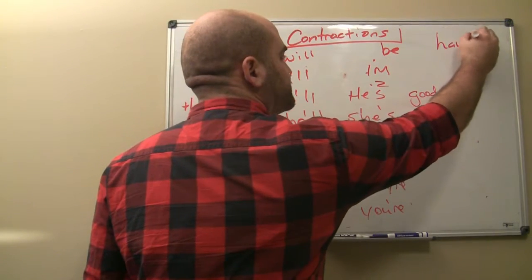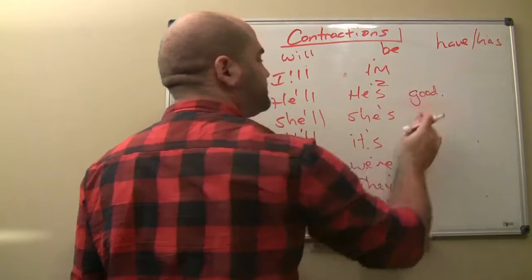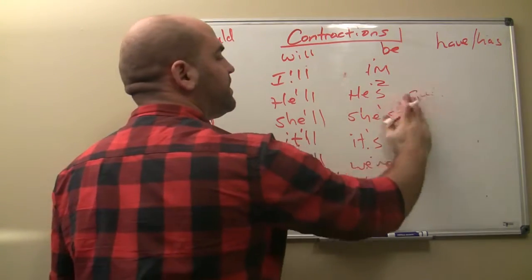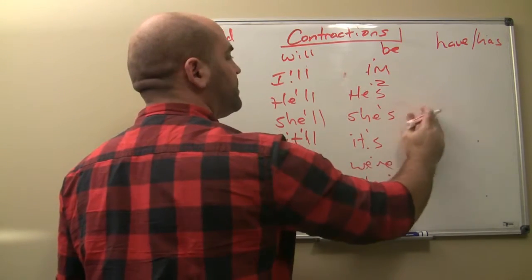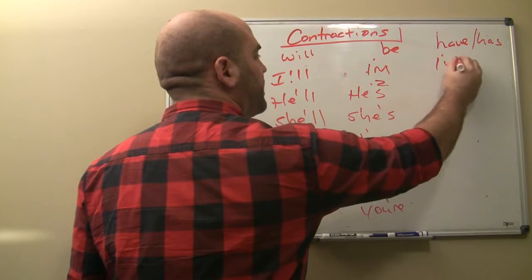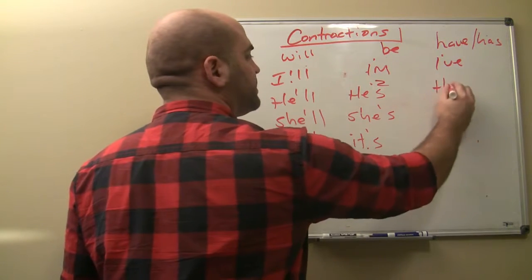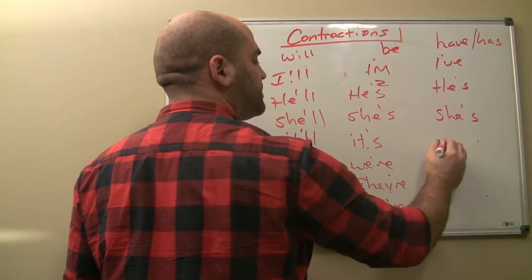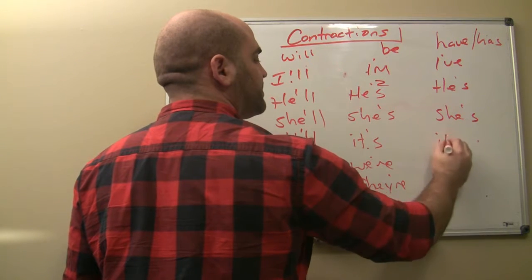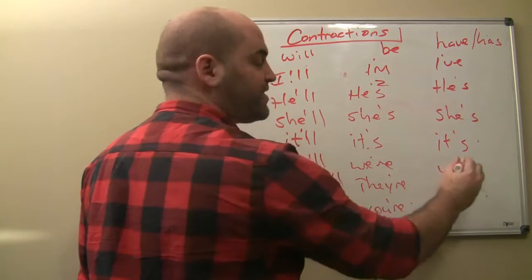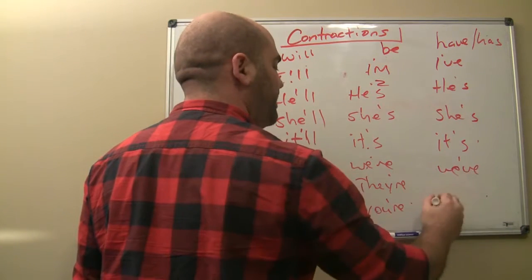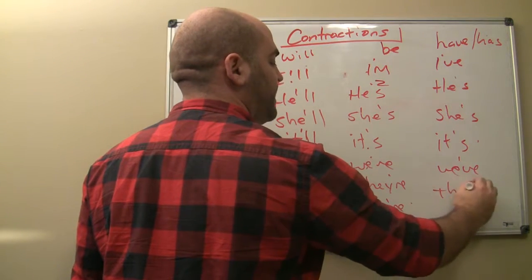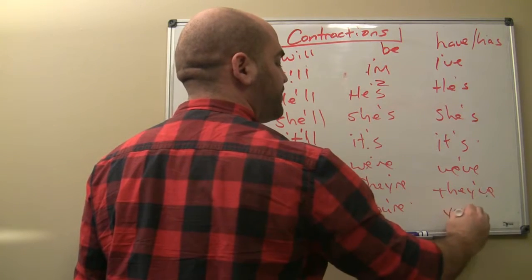The last one we'll focus on is have or has. We're going to do I've, he's, she's, it's, almost forgot there for a second. We've, they've, and you've.